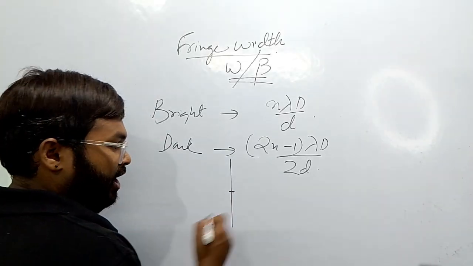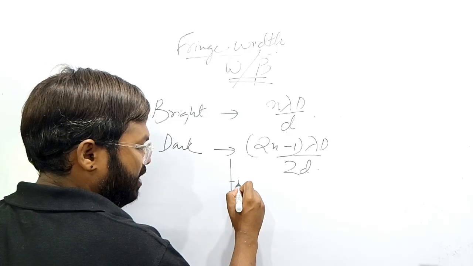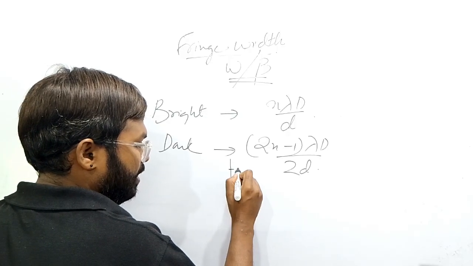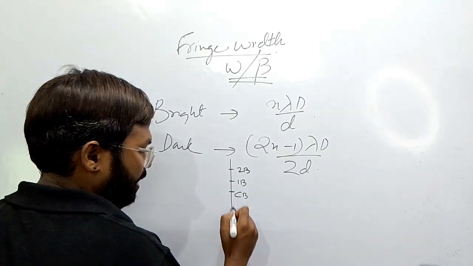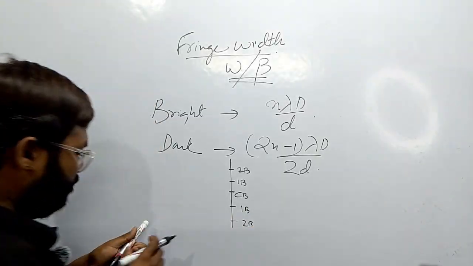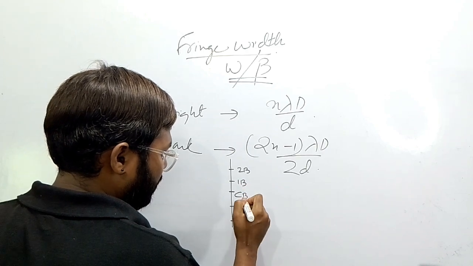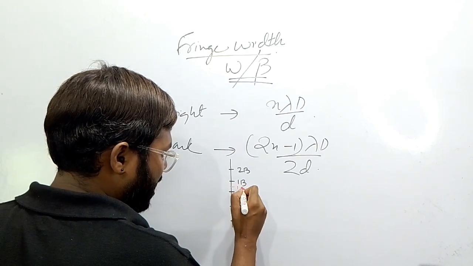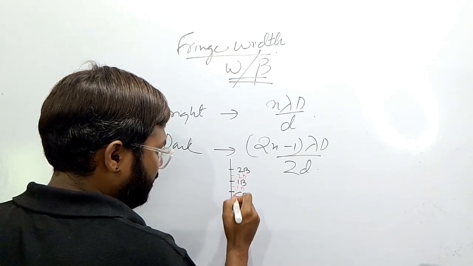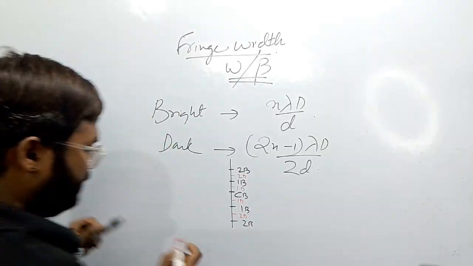This was the central bright. Here you will have first bright, second bright. Here down also first bright, second bright. In between you will have first dark, second dark, first dark, second dark.